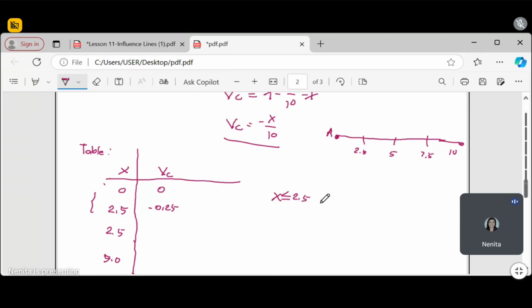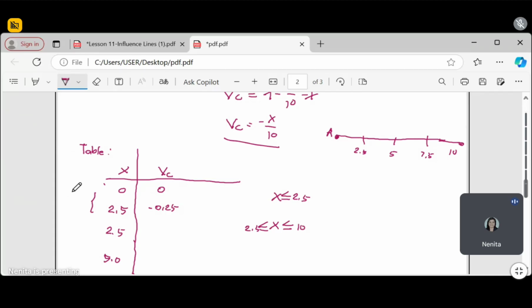So, ang ating value, pag ang ating x is lesser or equal to 2.5, and then this is 10, di ba? So, unsay ating b sub c?